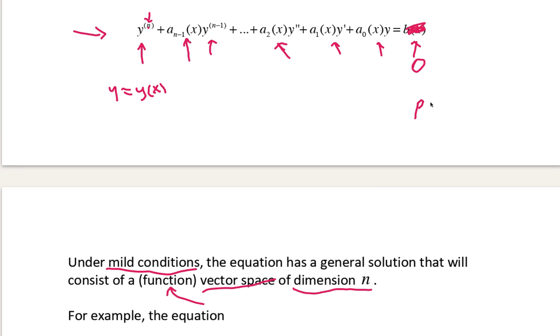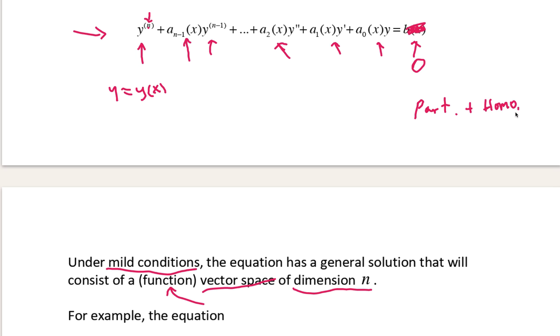But if you have one particular solution, let's say b is not 0, you just take that particular solution and then add all the possible homogeneous solutions, and you will get all solutions to the non-homogeneous differential equation.